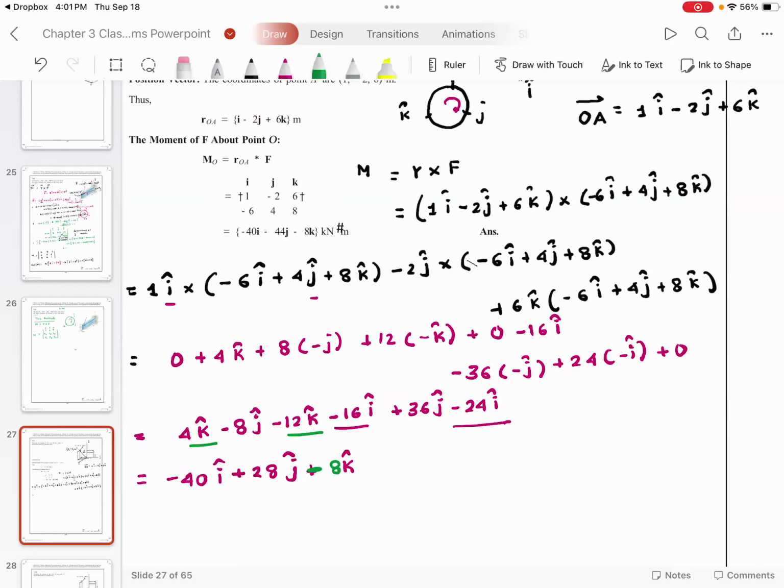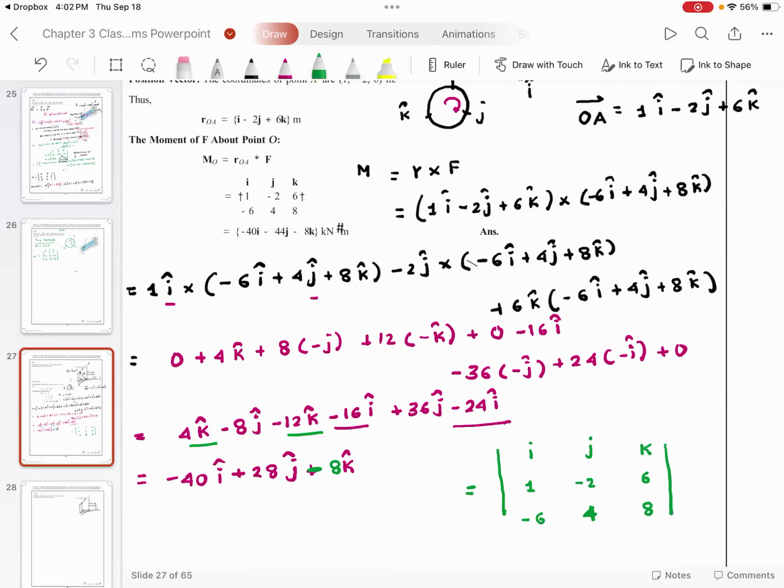Okay. If you want to solve this with a cross product, same logic. i, j, k, 1, minus 2, 6, minus 6, 4, 8. Do you agree with me? I will let you work out the math.